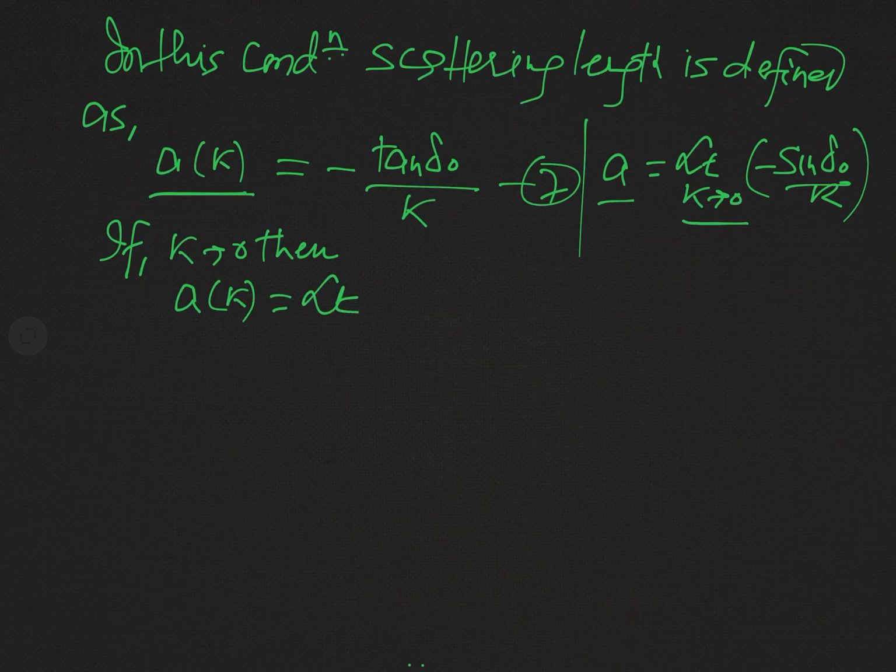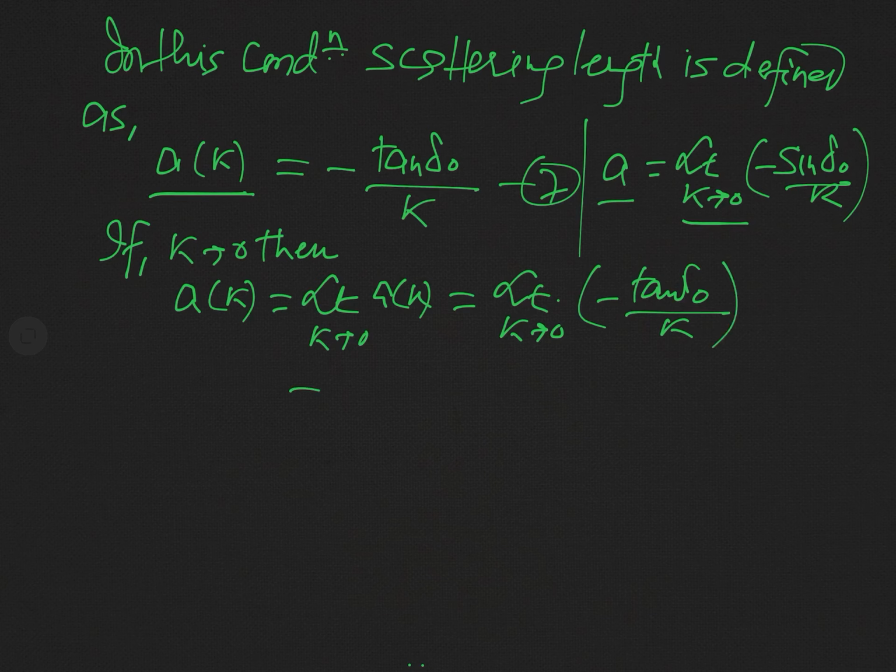A of k will be equal to the limit k tends to 0 of A of k, and this will be the limit k tends to 0 of minus tan delta naught by k.